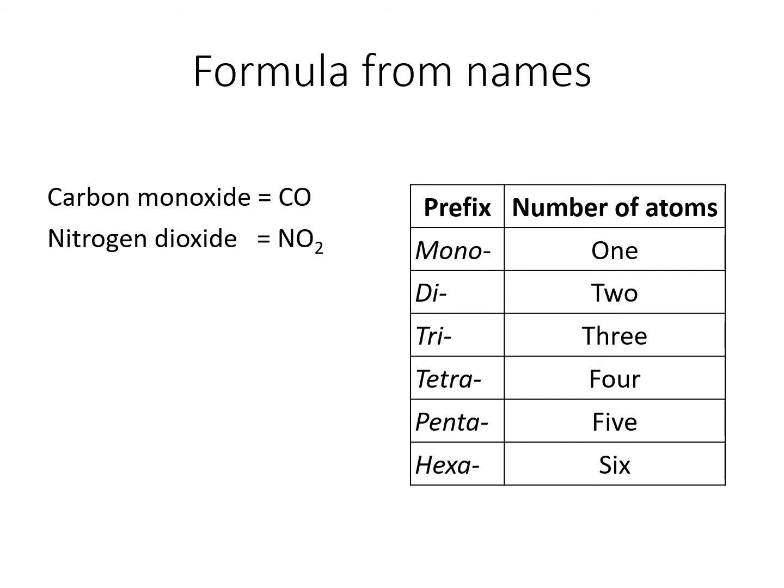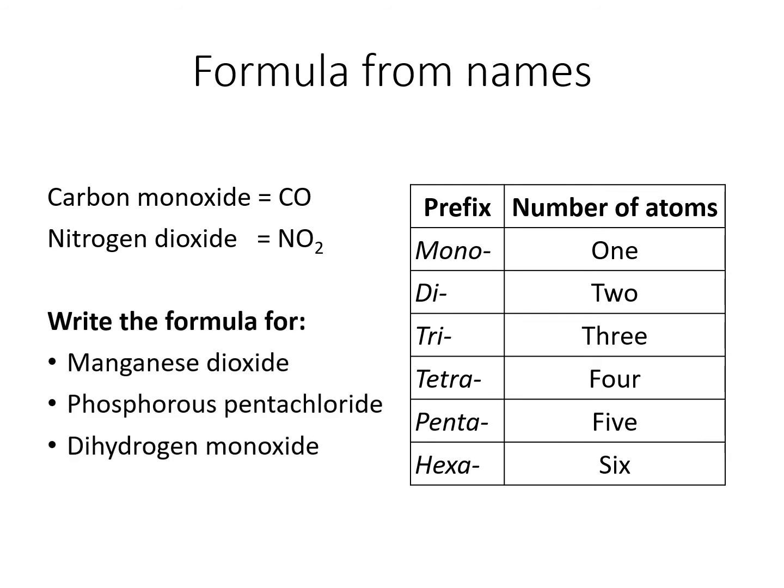So carbon monoxide literally reads as 1 carbon, 1 oxygen, and that's our chemical formula. For nitrogen dioxide, we have 1 nitrogen because there's no prefix, so there's just one of them. And the dioxide equals 2 oxygens, therefore it is 1 nitrogen, 2 oxygens, NO2. So if you guys want to have a go at these, please.